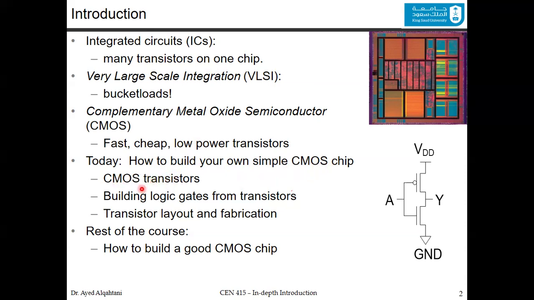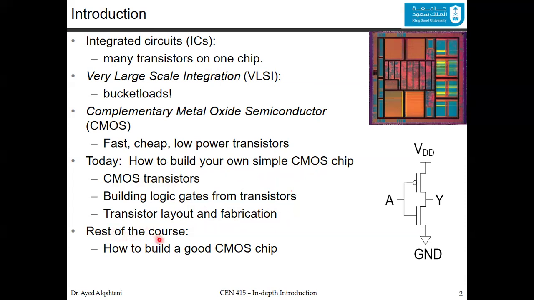So you need the knowledge of how to build logic gates starting from transistors, which means that this is a bottom to top design. We will also dig deep inside the transistor layout and fabrication, which will show you the reality of what's inside the chip.